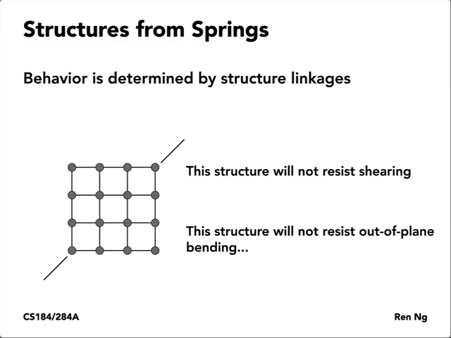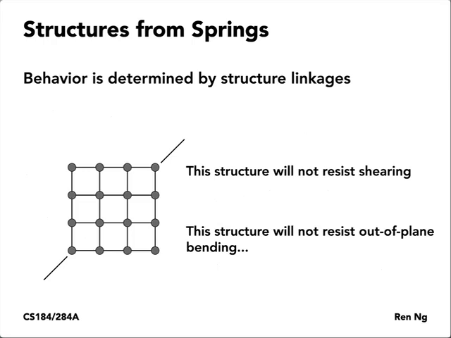So the dynamical behavior of the sheet is going to be determined by the structural linkages. So here, for example, looks like a very reasonable structural connectivity, right? On the left-hand side, kind of a grid connectivity. But this turns out doesn't work well at all for physical simulation of something like cloth. The problem is that this structure will not resist shearing in any way.